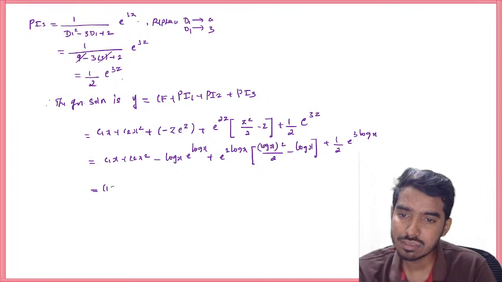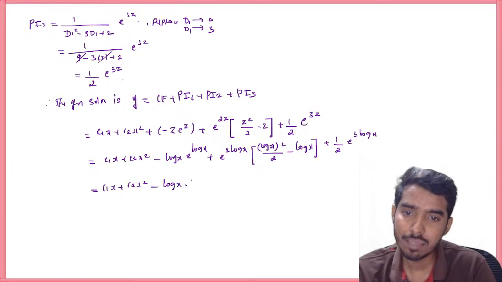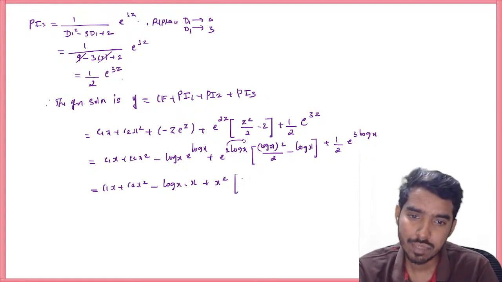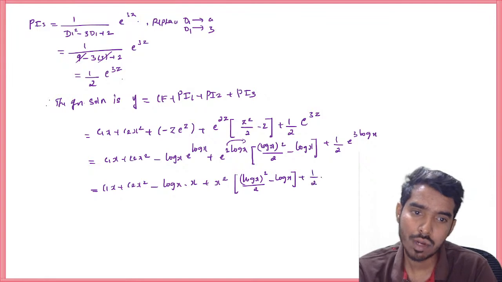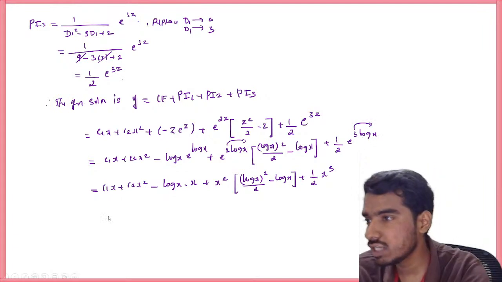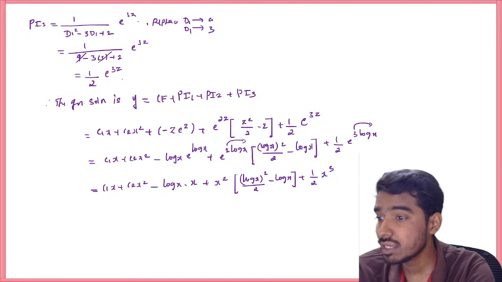This is same as c1x plus c2x square minus log x into e power log x, which is x, right? e power log x is x. Again, this will be x square, because I can take this 2 to the power, so we will have e power log x square, and we know e power log f of x is f of x. And this will be log x whole square by 2 minus log x, plus 1 by 2 x cube, right? Take this 3 to the power, so e power log f of x is f of x, so we will have x cube. So this is the required solution.